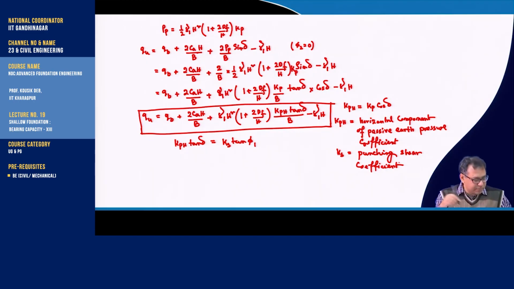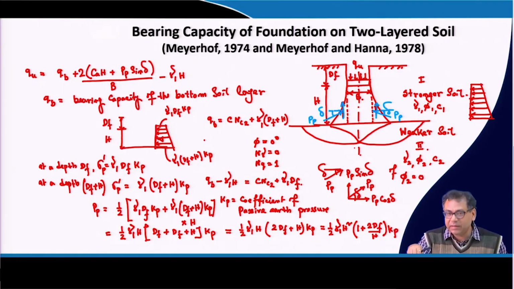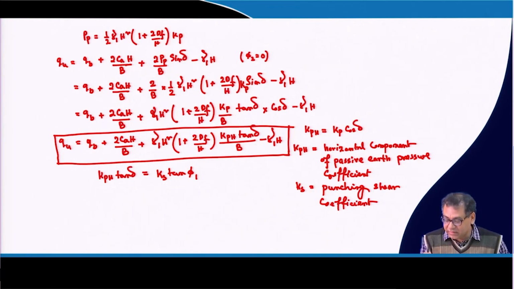In the first layer you can see that because your bottom layer is very weak, there is really a punching of this foundation into the soil of the first layer. That means the soil is deforming along the dotted line, and it is punching. So, that is why it is considered as a punching shear coefficient Ks.